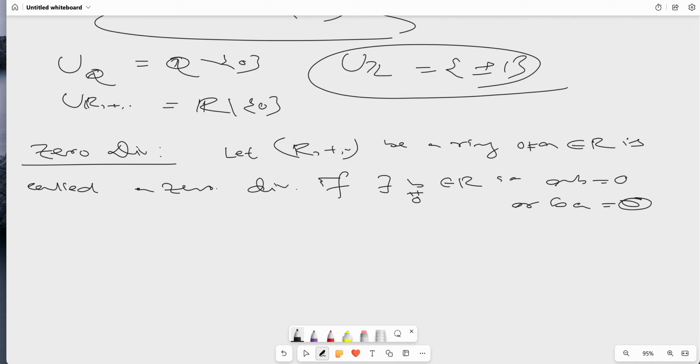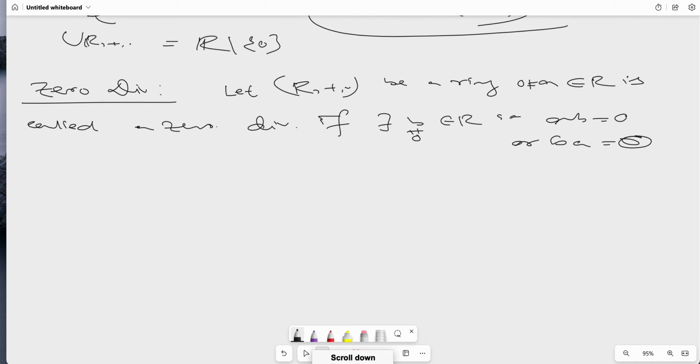So let it be possible A is a zero divisor. I will show A cannot be a unit. Suppose A is a unit. What does it mean?